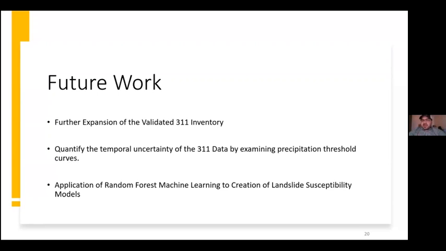And we hope to do that by examining precipitation thresholds calculated by 311 data in other areas. And also to improve the amount of factors we can use in our susceptibility model creation, we hope to switch out conditional probability with the application of random forest machine learning to decrease that statistical significance so we can add in more variables.